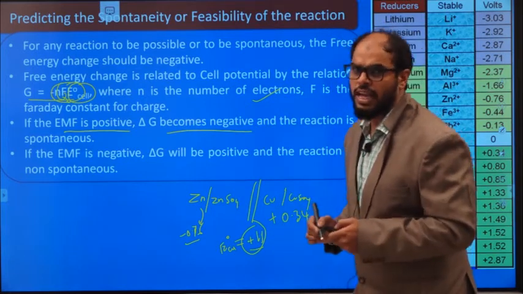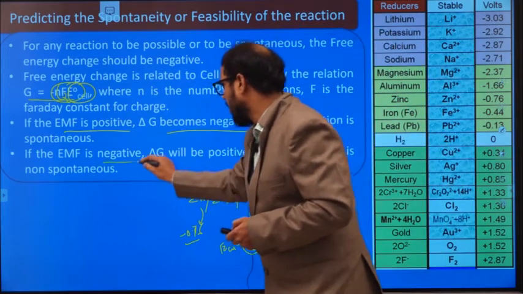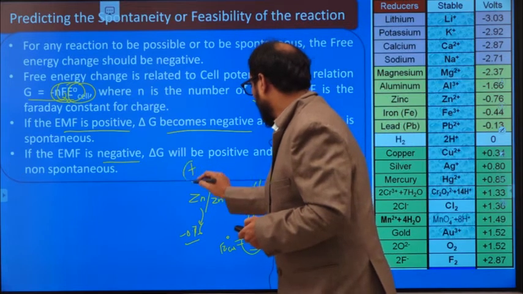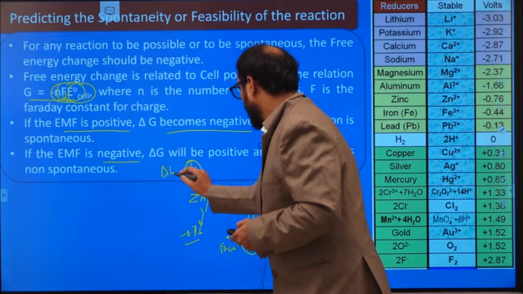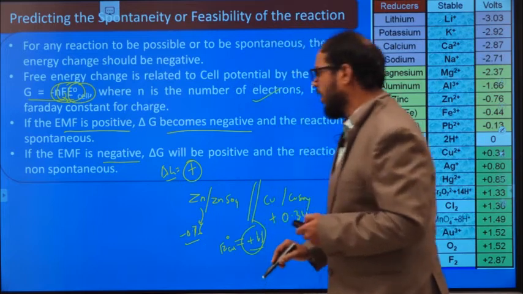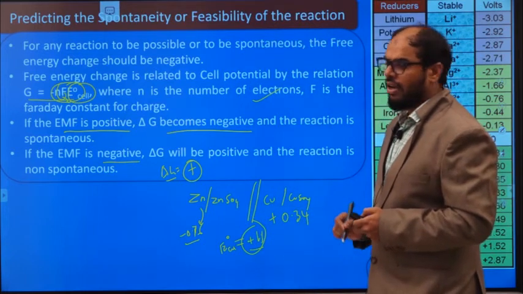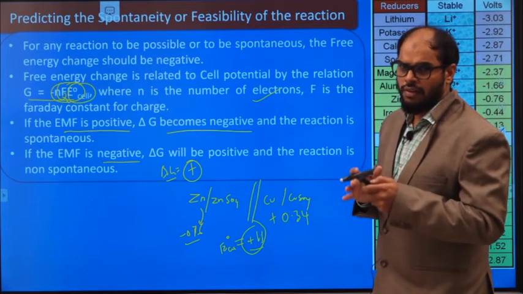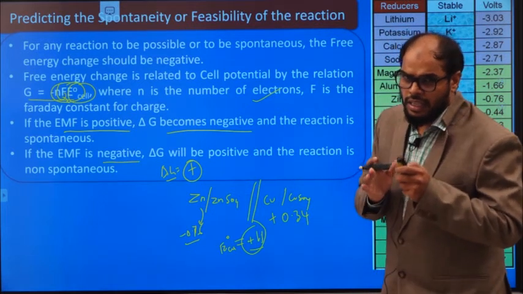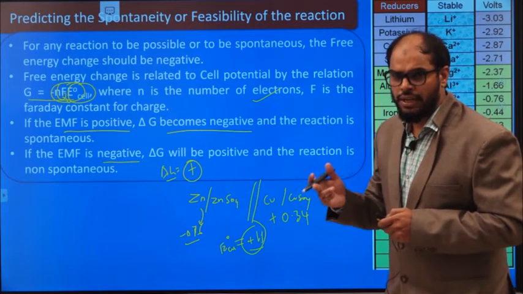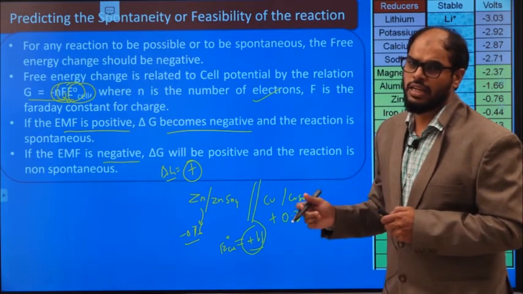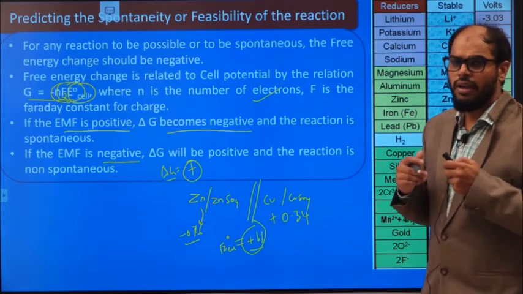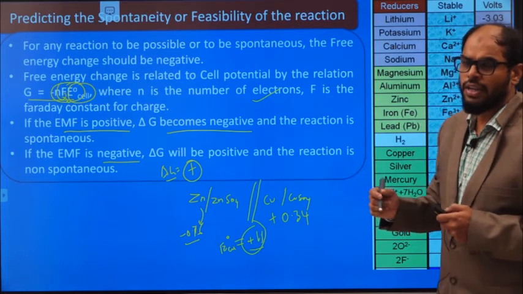If the EMF of the reaction is negative, then delta G will be positive, so obviously the reaction is non-spontaneous. So whenever E cell value is positive, delta G will be negative, so it is a spontaneous reaction, and whenever E cell value is negative, the delta G value will be positive for a non-spontaneous reaction.